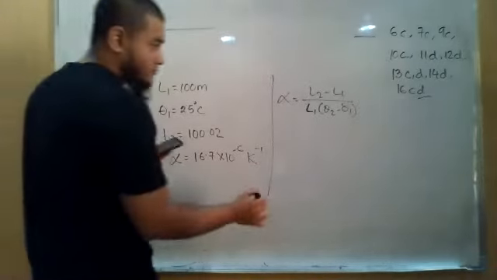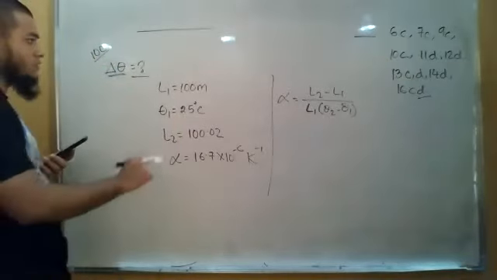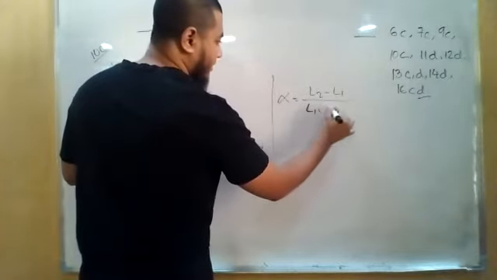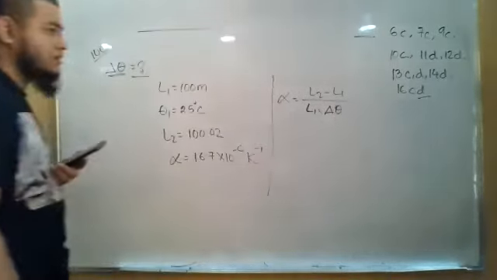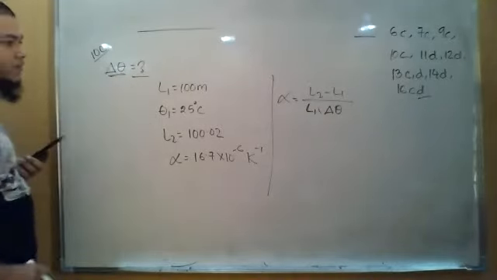Delta থিটা 2 কোথায় স্যার? থিটা 2 তো দেয় নাই। theta 2 লাগবে না তো, একটু খেয়াল করে দেখো, এই যে theta 2 minus theta 1, we can replace it by delta theta, right? Change of temperature, that is delta theta, and that is what we have to find out.